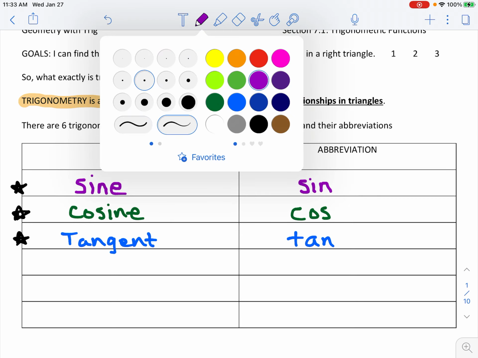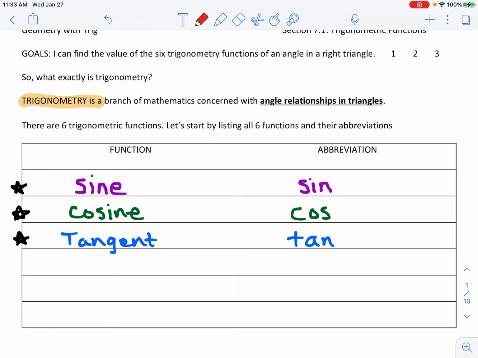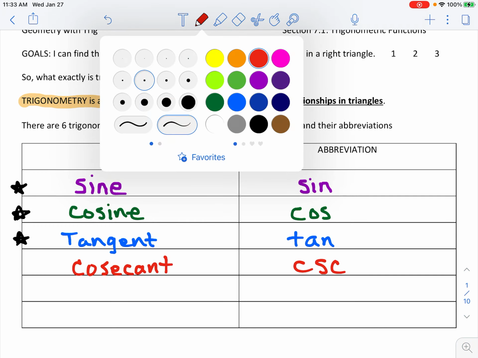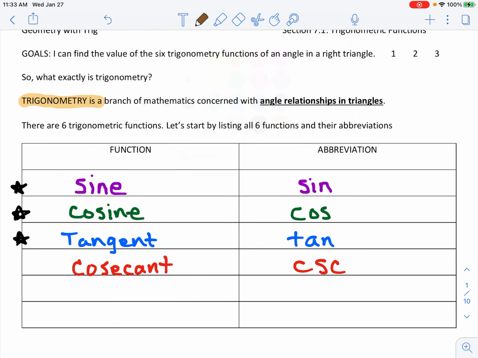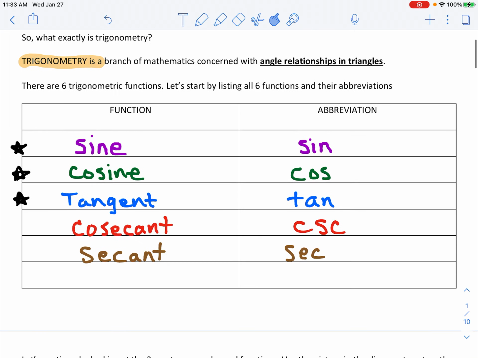Now, let's list the fourth function. The fourth function is called cosecant, and the abbreviation is CSC. The fifth function is called secant, and we abbreviate that with SEC.